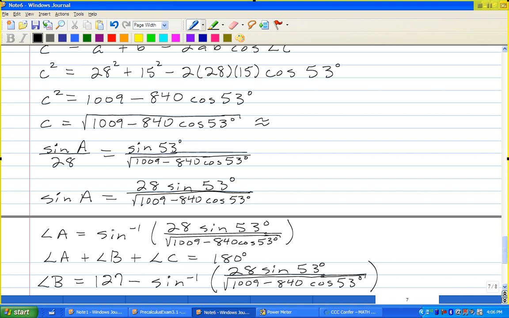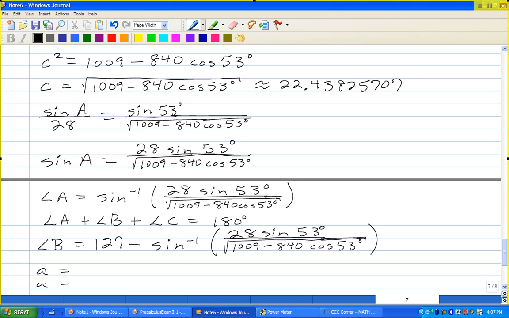1009 minus 840 times cosine of 53 degrees. Take the square root of that. So this is approximately 22.43825.707.